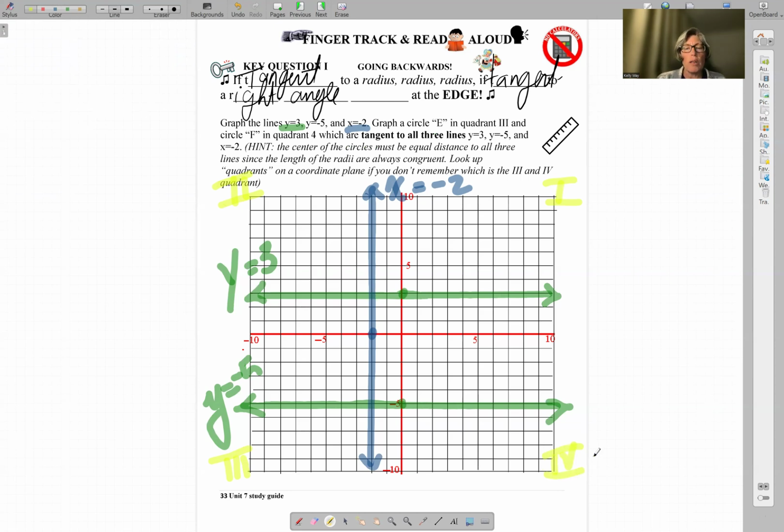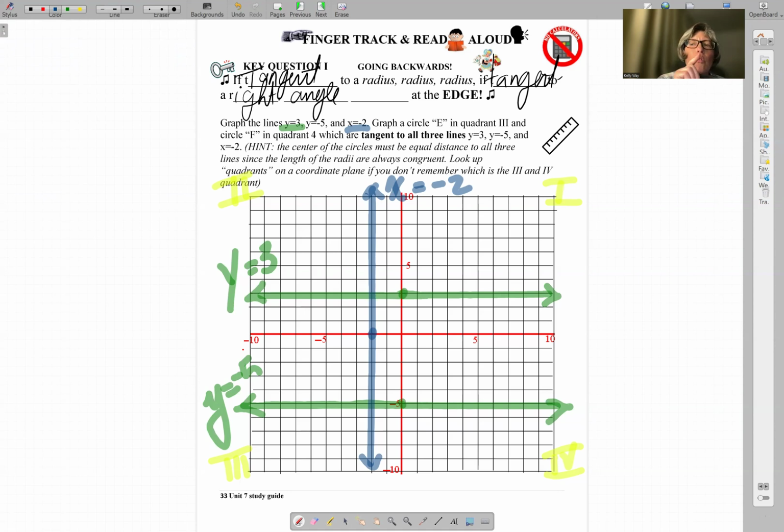So we want one circle whose center must be equal distance to all 3 lines. Keep that in mind. We want the center of the circles in quadrant 3 and quadrant 4. And the circles must be tangent to all 3 lines.